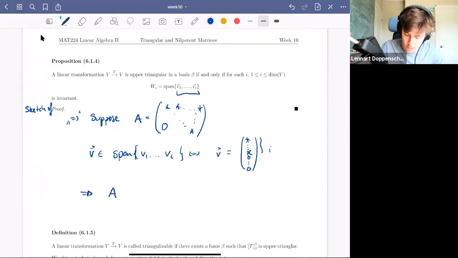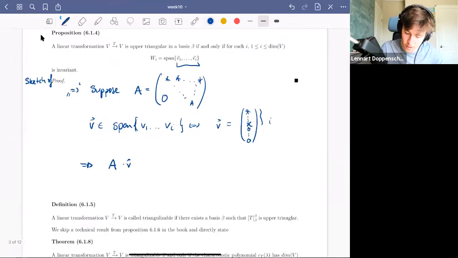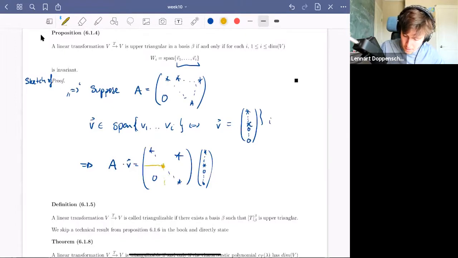So this means now that A times V, and I'm gonna skip all the coordinate tuple and real vector distinction, this would be a matrix product of something that is upper diagonal with a vector like this, and you can see that exactly at this ith column, this is the last column which has a non-zero entry left of the ith row.